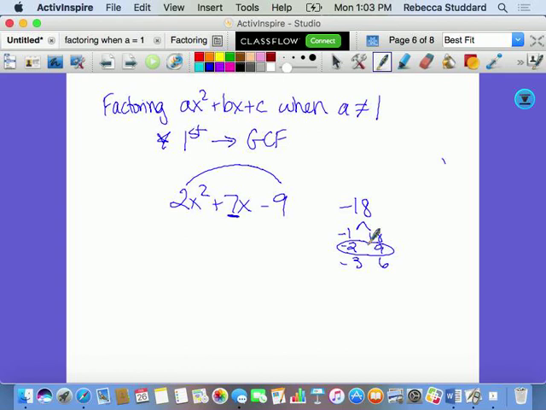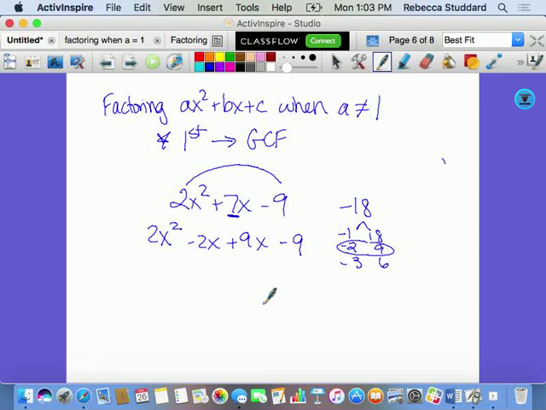So once we have these factors, we keep the first term, we keep the last term, but we rewrite the middle term with these factors.